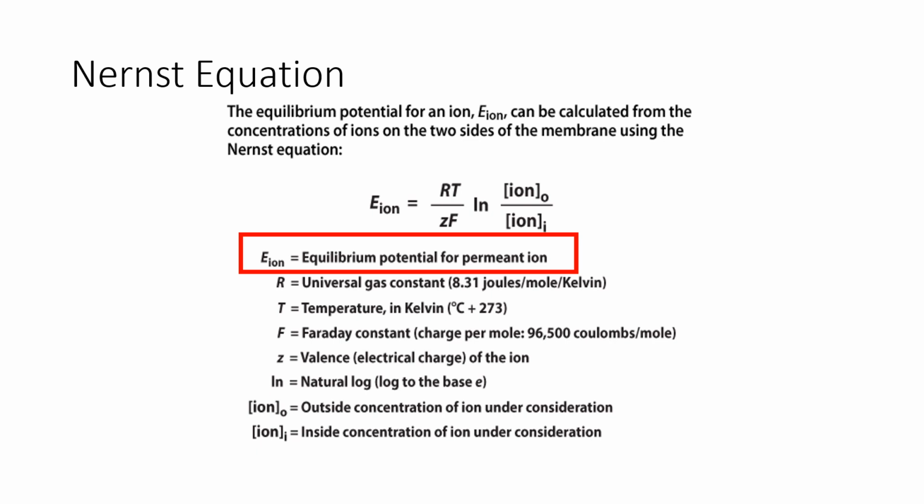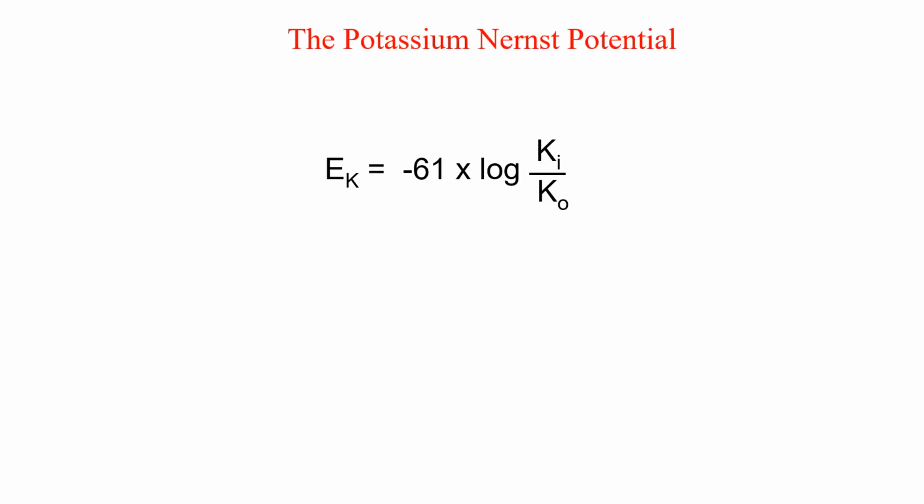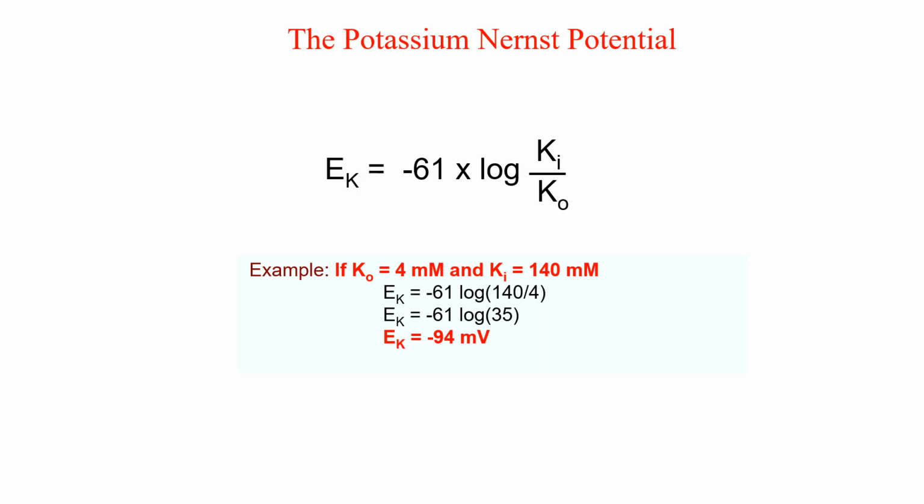If this equation is simplified, then for potassium, all the constants are replaced by the value of -61 times log of potassium inside over outside. If we replace these values, with potassium inside being 140 millimoles per liter and potassium outside being 4 millimoles, we get the diffusion potential of potassium, that is -94 millivolt.